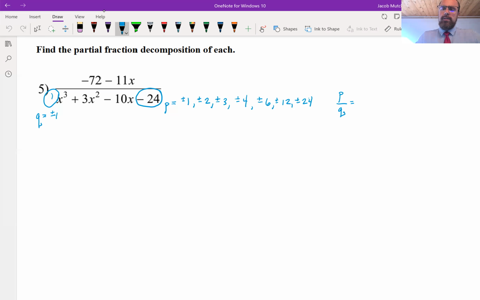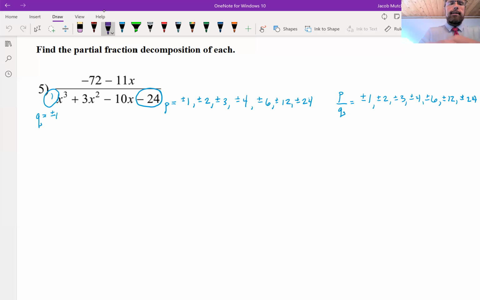So these are the ones I'm going to check with synthetic division. Plus or minus 1, plus or minus 2, plus or minus 3, plus or minus 4, plus or minus 6, and plus or minus 12, plus or minus 24. So I don't want to check all of those. I hope I find a rational root at the beginning of the list. But let's run the division.